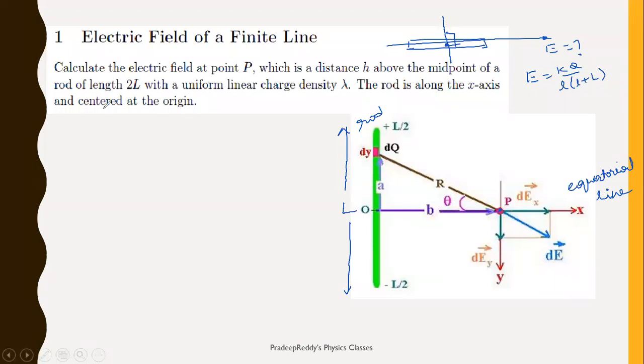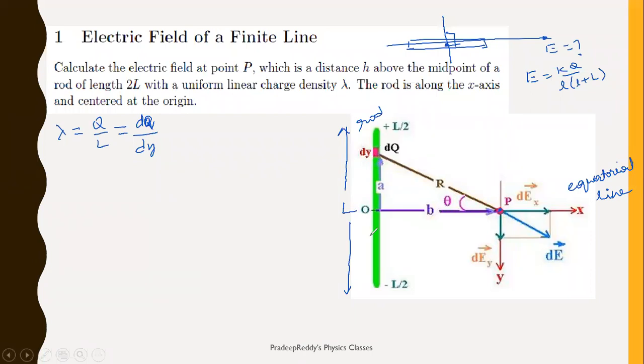Going directly into the step, lambda is equal to capital Q by L, which is equal to dQ divided by this very small element. I am considering its length as dy, because this rod is along the y direction.